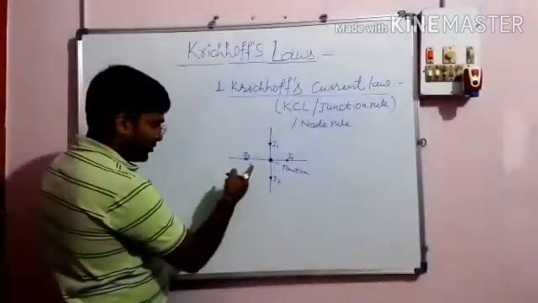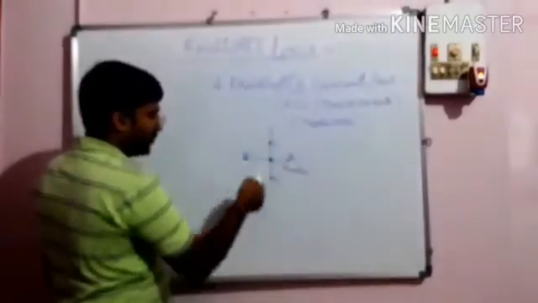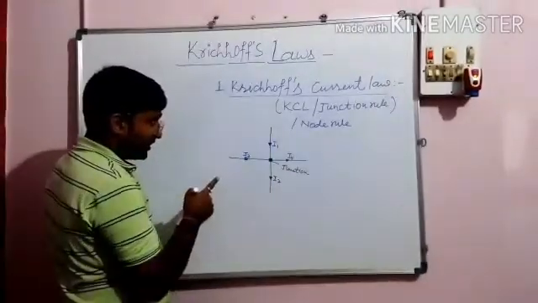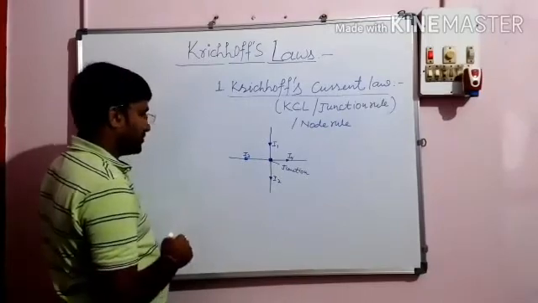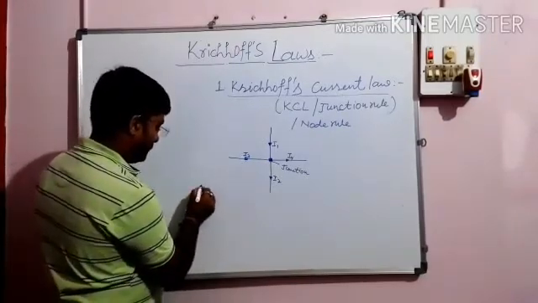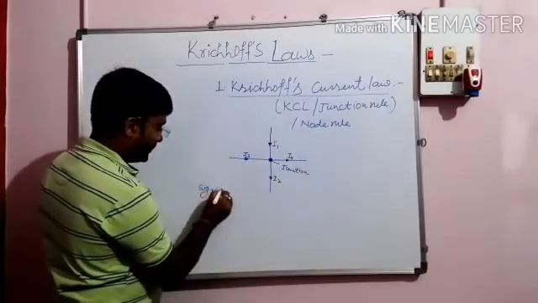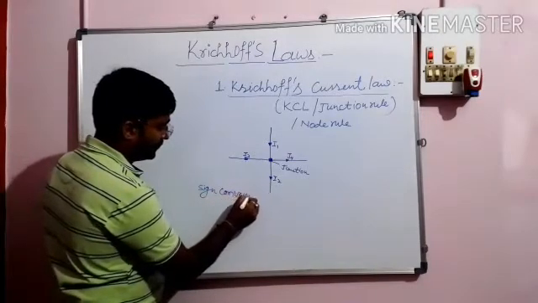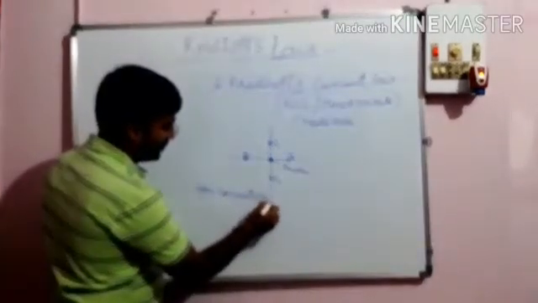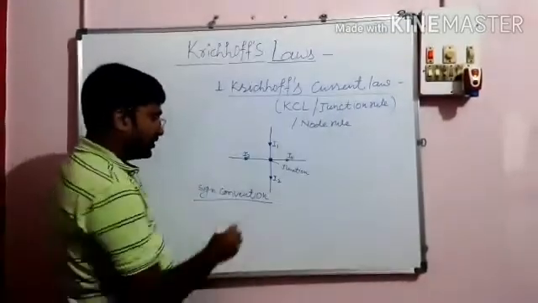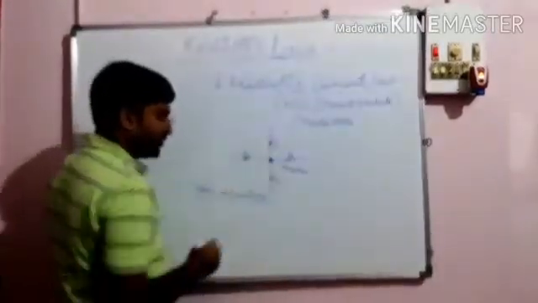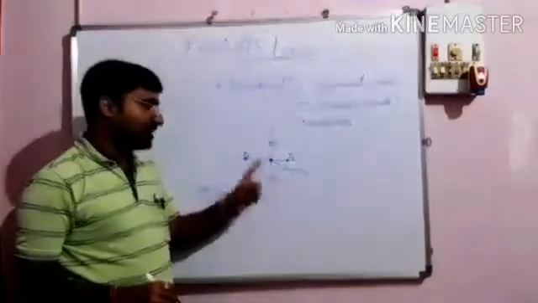Now, to discuss Kirchoff's current law more, we have to study the sign convention. Here, there are two types of current, incoming and outgoing.